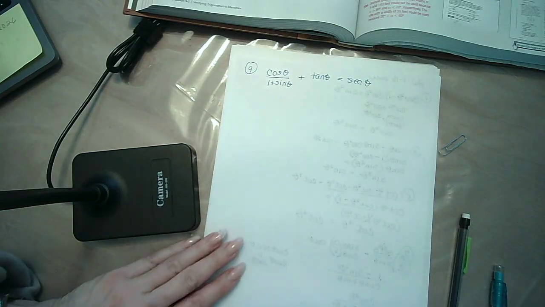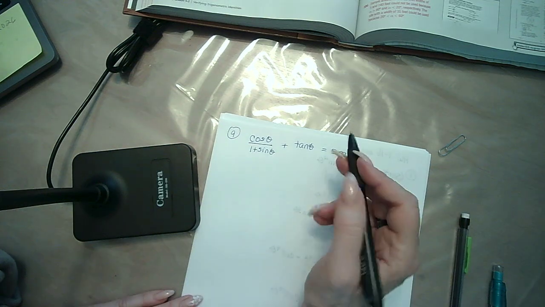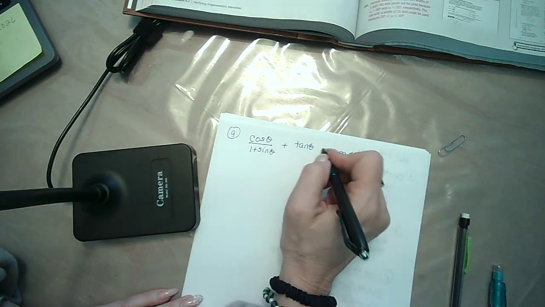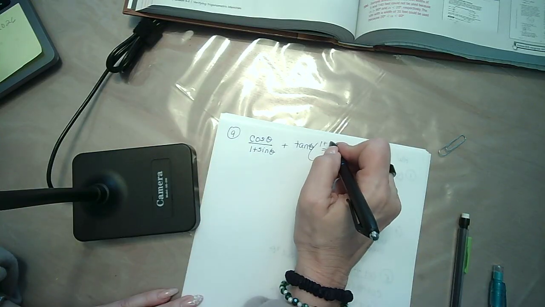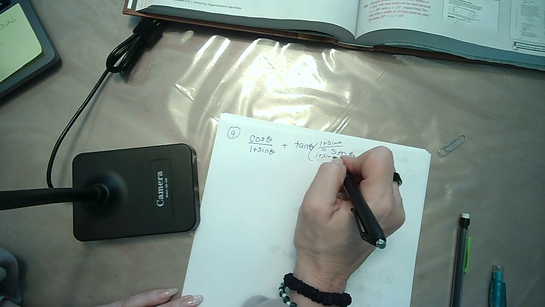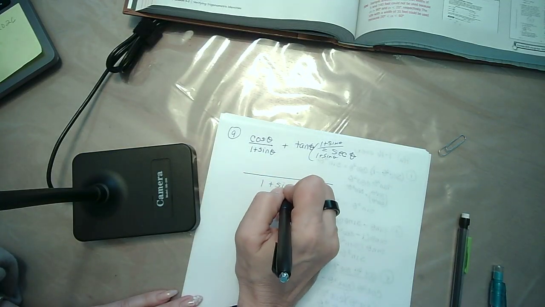Okay, well, I think I'm going to have to do common denominators again. Do I want to change this to sine over cosine yet? I think I might wait. I can see that this is going to be a 1 plus sine over 1 plus sine. So my denominator is 1 plus sine.